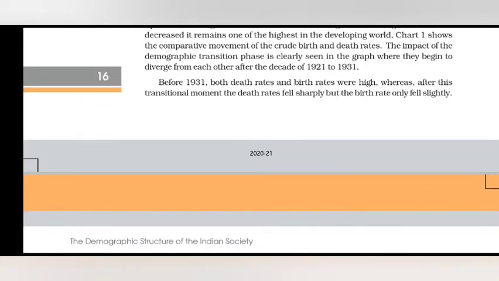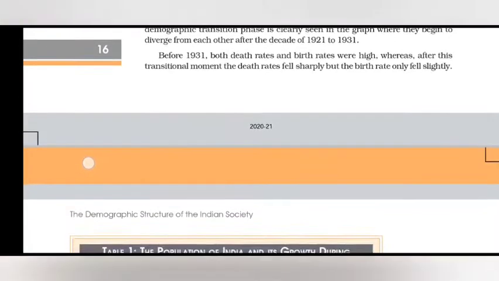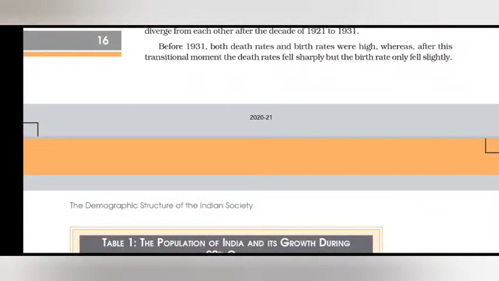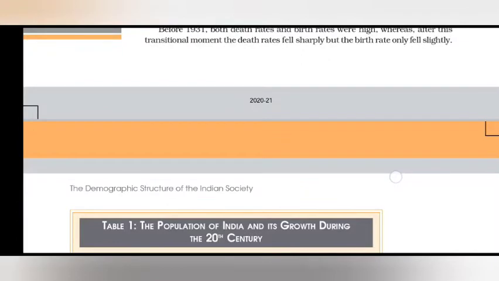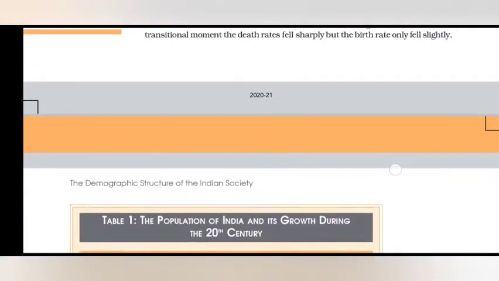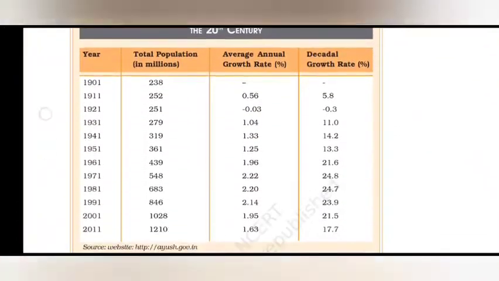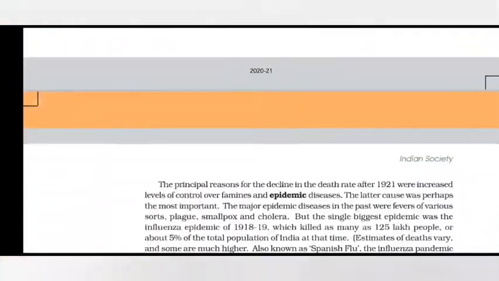The impact of the demographic transition phase is clearly seen in the graph, where they begin to diverge from each other after the decade of 1921 to 31. Before 31, both death rates and birth rates were high, whereas at this transitional moment the death rates fell sharply but the birth rate only fell slightly.